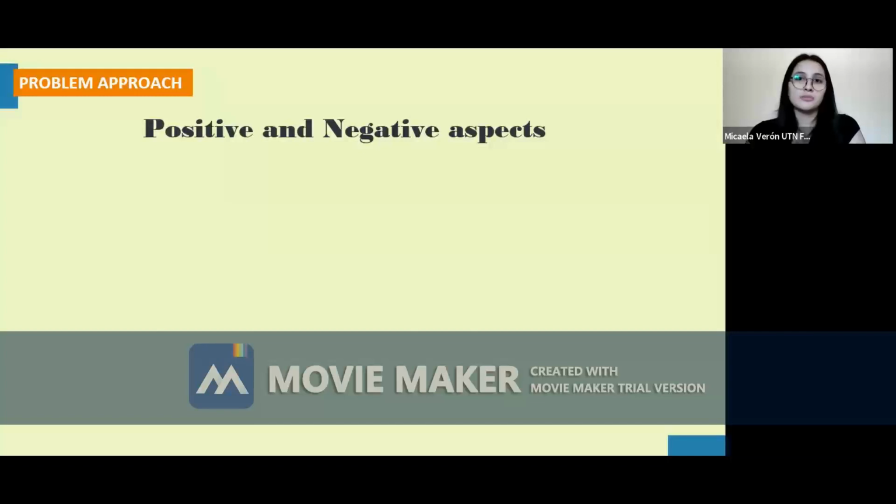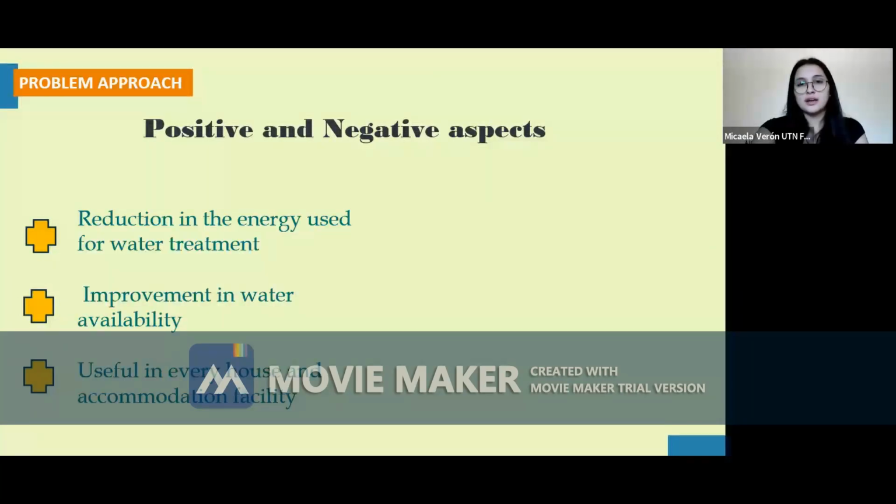Now, having presented the four devices, we are going to talk about the positive and negative aspects of them. First, the application of the devices will ensure the reduction of the energy used in the production of water treatments for the population's consumption.